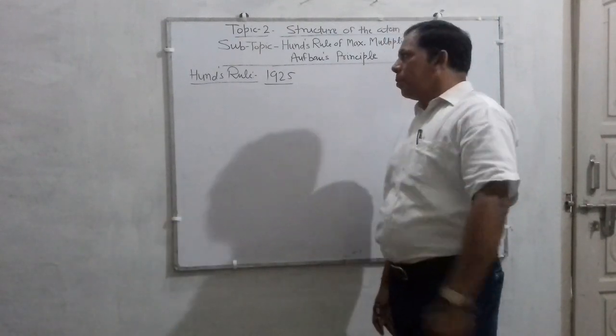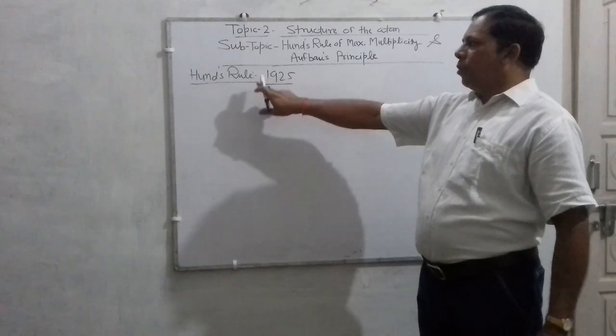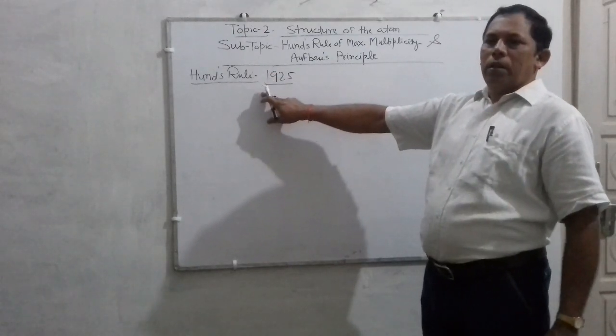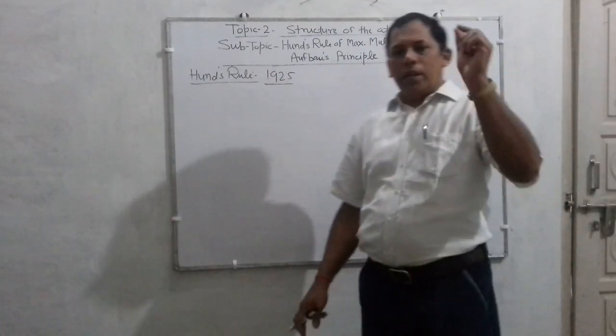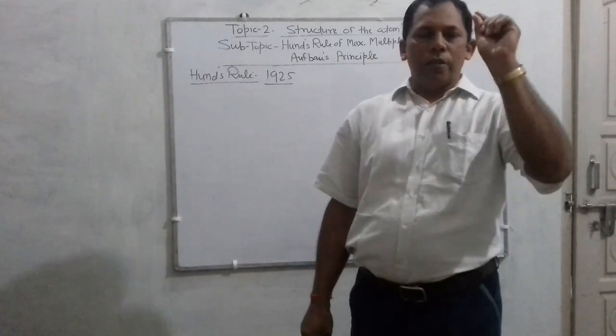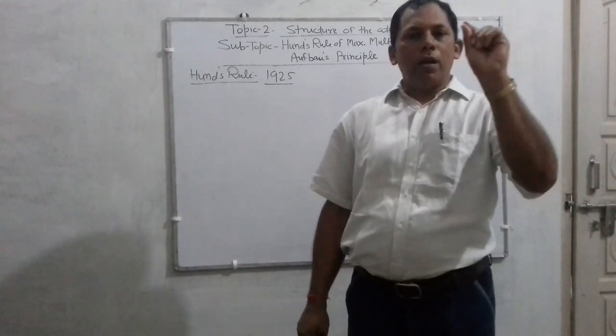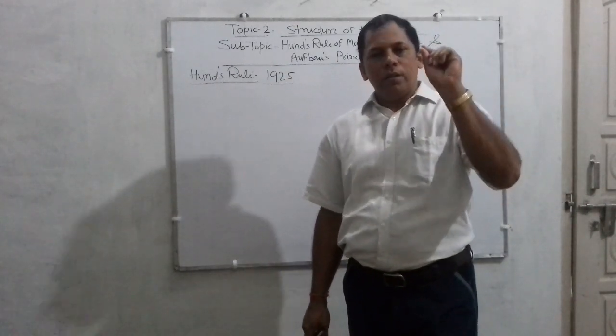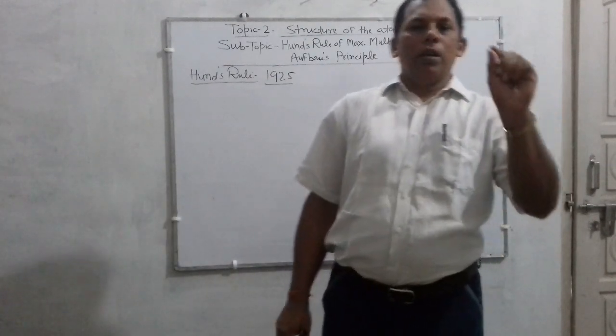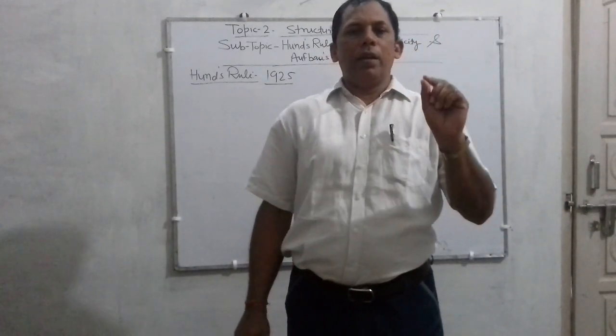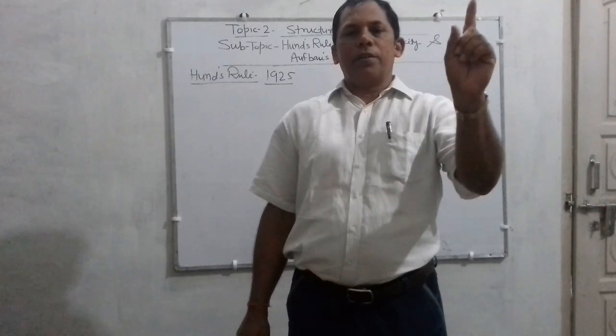Listen once more. According to Hund's rule, electron pairing in any orbital is not possible until each orbital of the same subshell contains one electron.